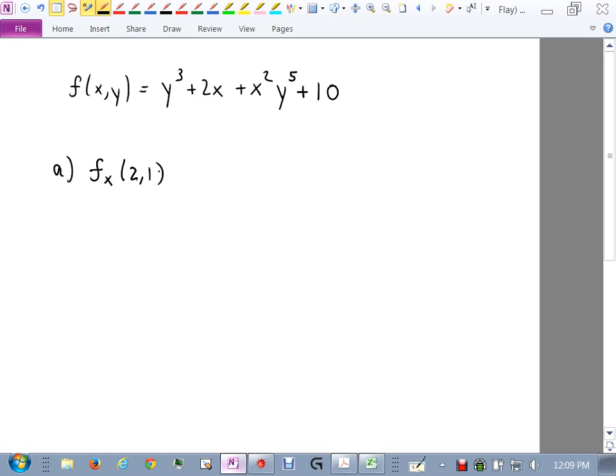Which way am I pointing right now? Parallel to which axis? X-axis? Like that? So what am I holding constant? Y. So where's y? Y is this direction, right? So I'm holding this y constant. So all that stays the same. So I'm facing this way or possibly this way. Yes? That way or that way. So if I'm taking a partial with respect to x, I'm parallel to that axis.